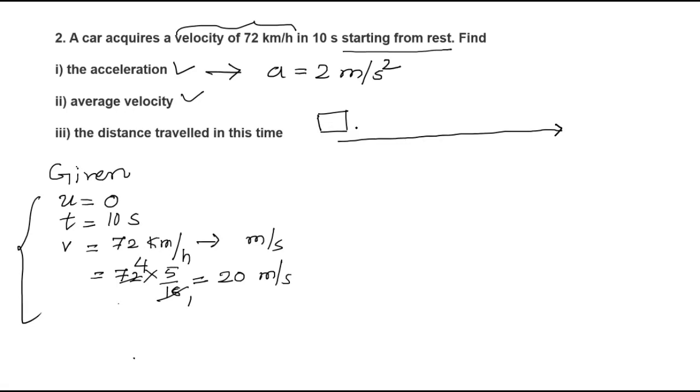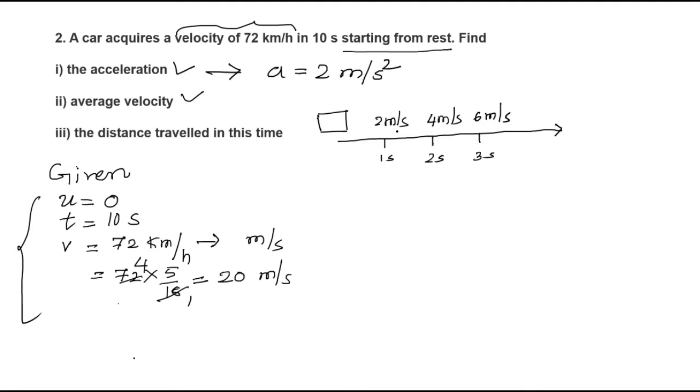Now when it moves, its velocity is changing. So let me write here, for the first second it was moving at 2 meter per second, and in the second second the velocity changes and it became 4 meter per second, which means the velocity is increased. Third second the velocity becomes 6 meter per second.